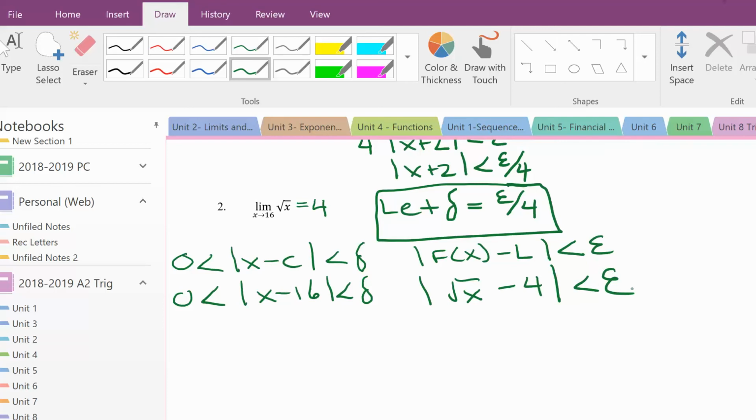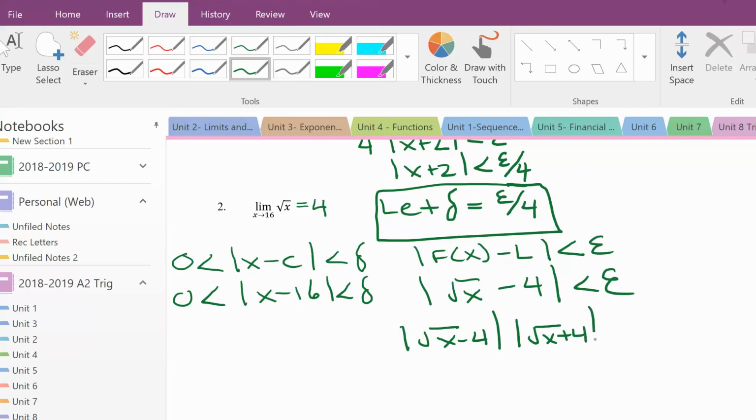The hard part here is we need to get these to be identical. We need to get this one to be x minus 16. So in order to get the square root of x minus 4 to be x minus 16, we need to multiply by the conjugate. The conjugate here is the square root of x plus 4.